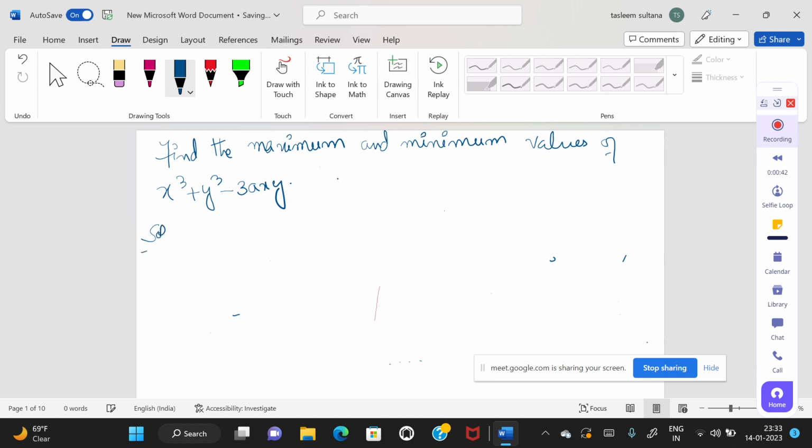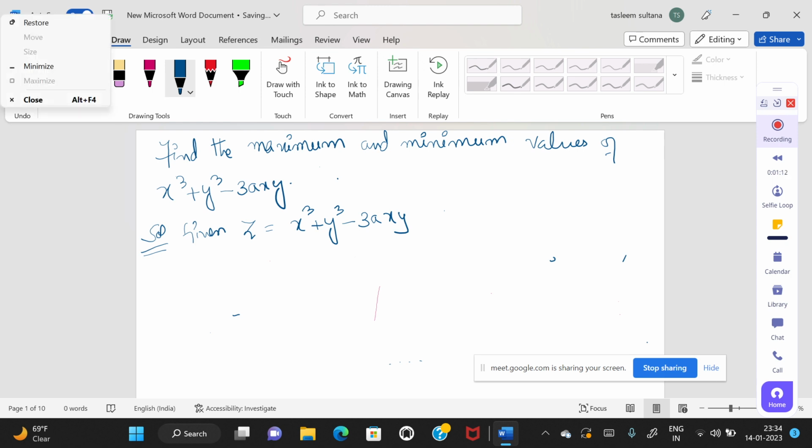Solution: given f of x, or you can take it as z also, given z is equal to x cube plus y cube minus 3axy, where z is going to be a function of x and y.